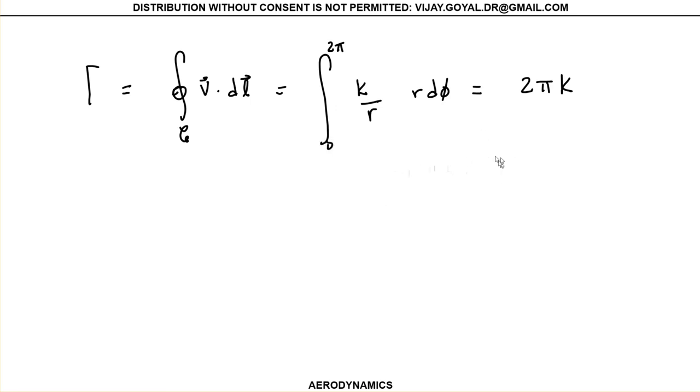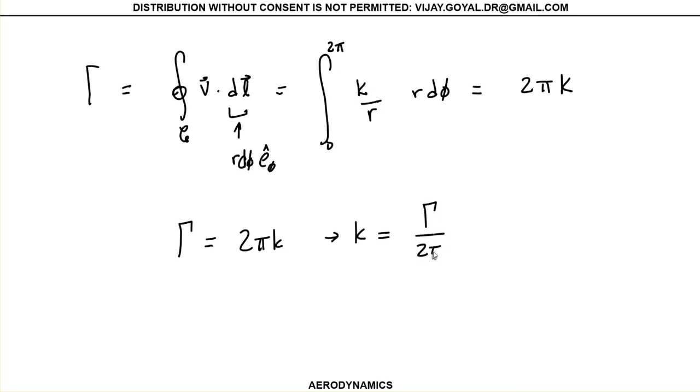And then, by the way, this is equal to R d phi E phi, okay? So then your circulation is equal to 2 pi K. Then I can go ahead and say the value of the K that I'm looking for is circulation over 2 pi.